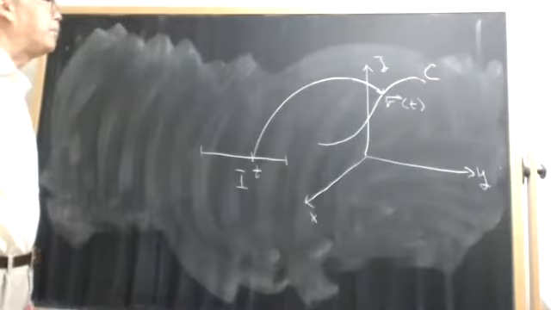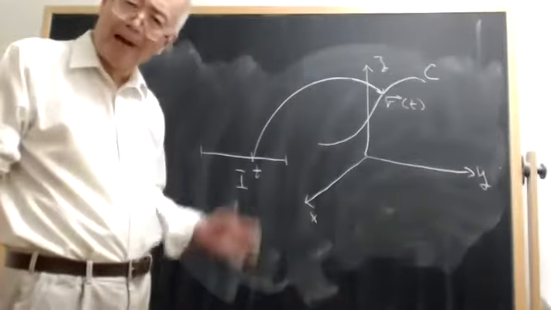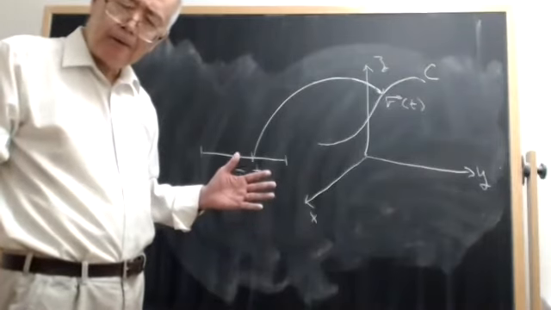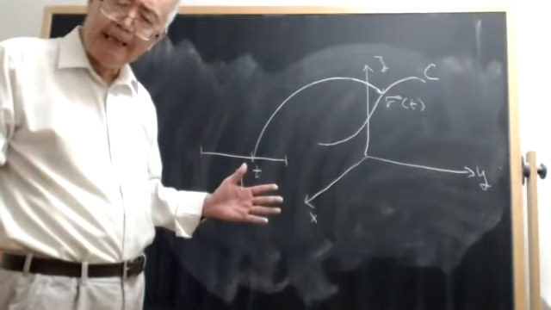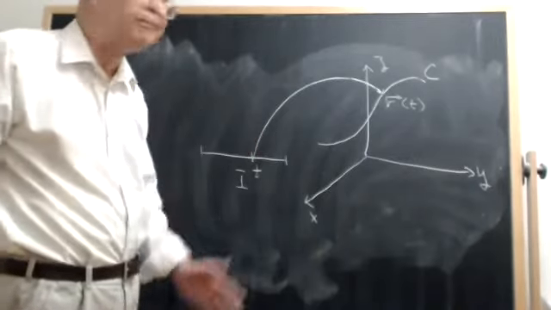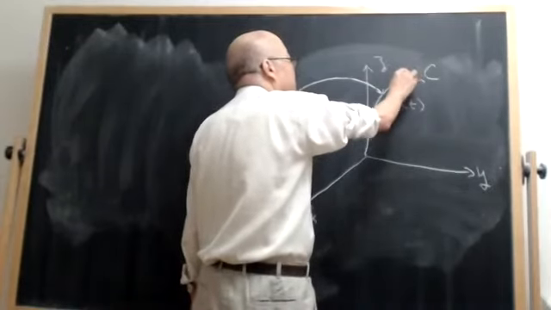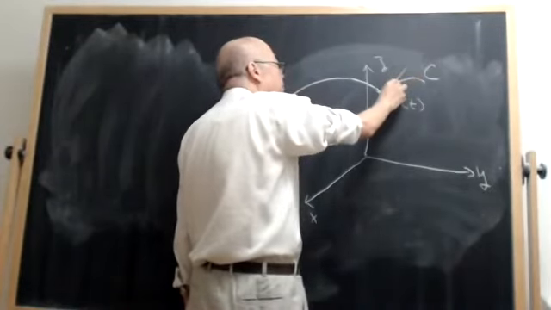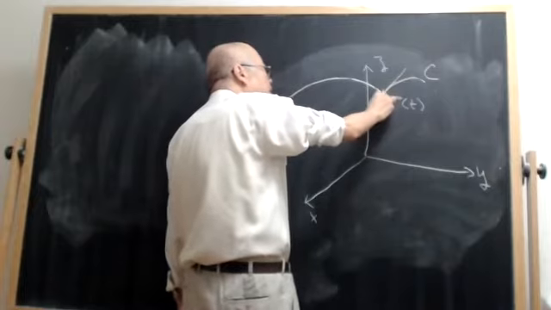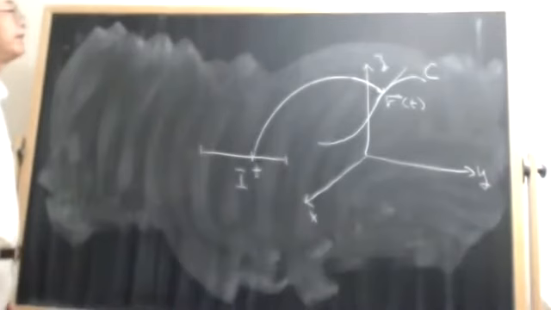Now, at this point, I am going to look at the tangent vector to the curve C at the point R of t. So I look at this tangent vector.